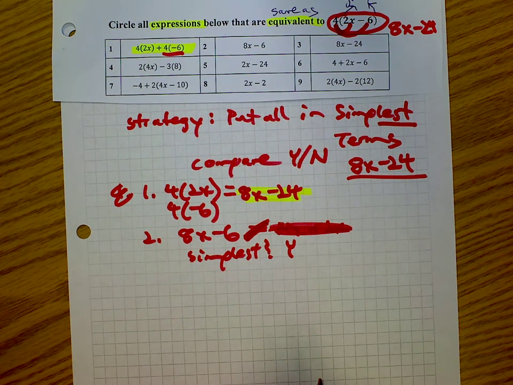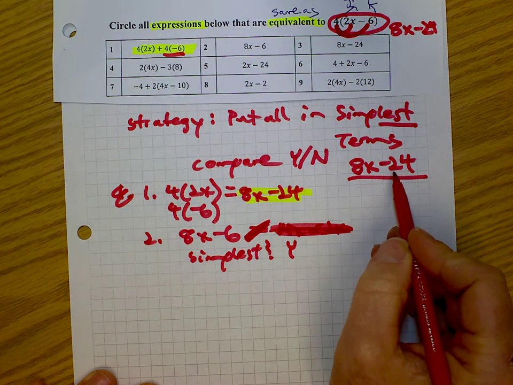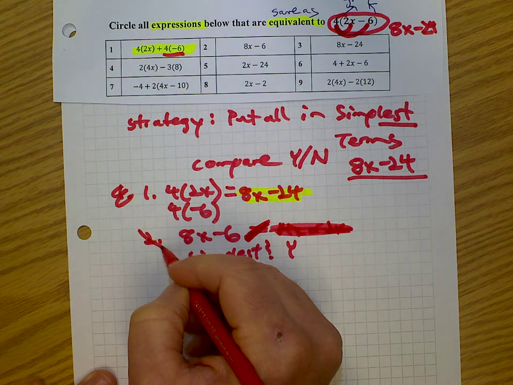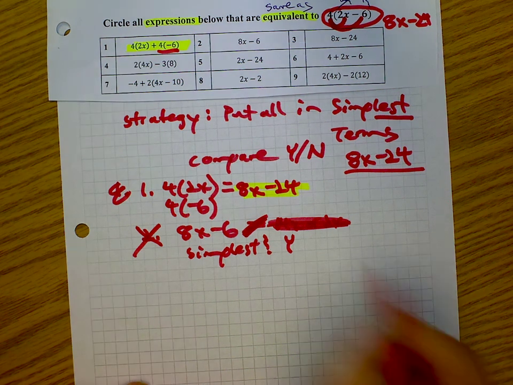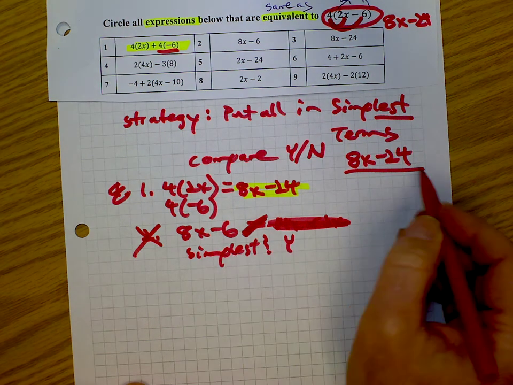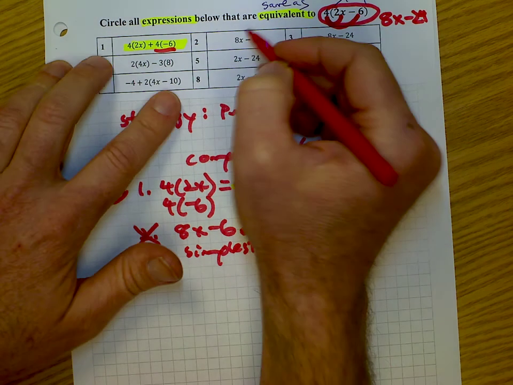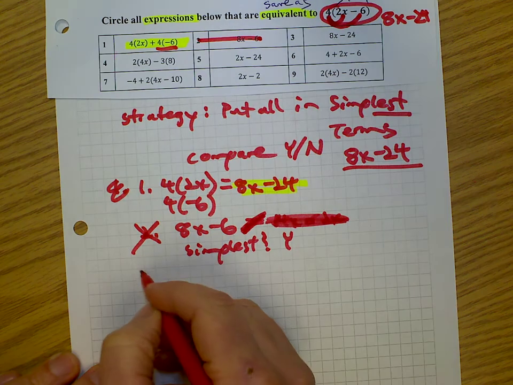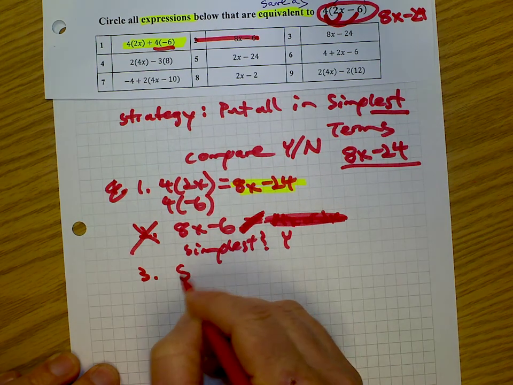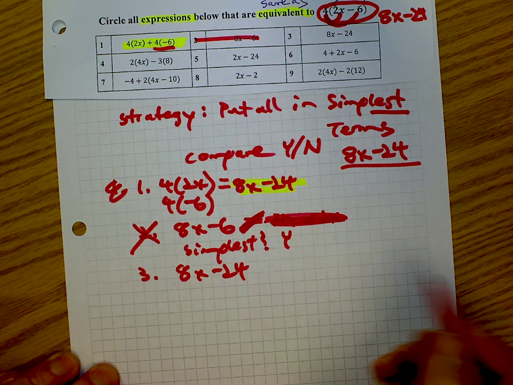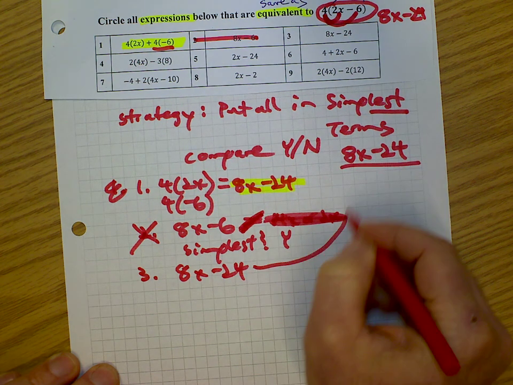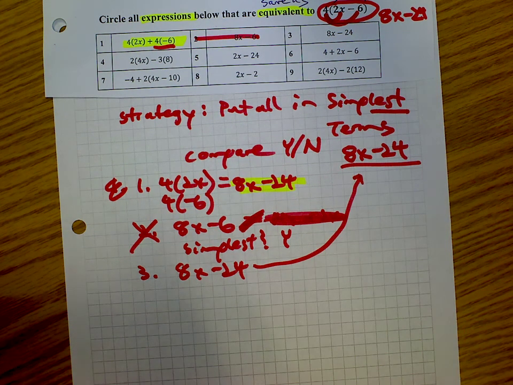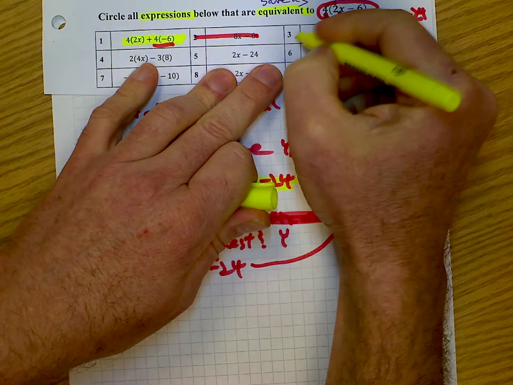Is this the same as that? Sort of, but no, not really. So not number 2. Negative 6 is not the same as negative 24. So, boom, done with that one. Next, number 3. 8x minus 24. Duh. Same, right? Boom. So we got 2 good answers.